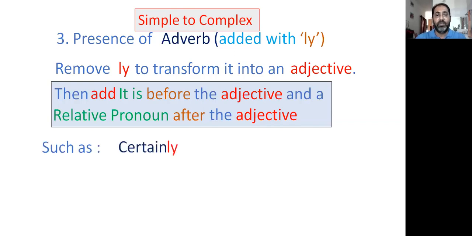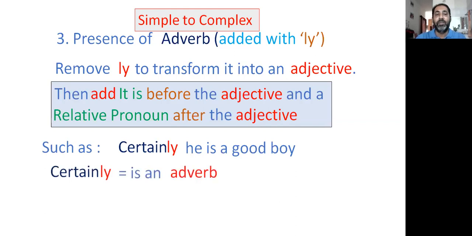Such as, certainly he is a good boy. This is a sentence, and here you can see there is an adverb ending with ly. This is certainly. Yes, you can omit ly. I have omitted ly. Now it is an adjective. Again, certainly is an adverb.